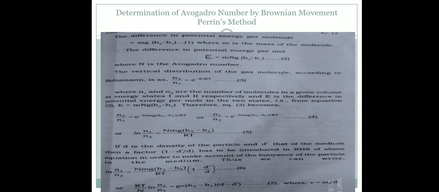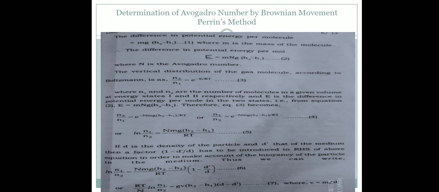If N1 and N2 are the number of molecules in a given volume at energy states 1 and 2, and capital E is the difference in potential energy per mole, then according to Boltzmann, the vertical distribution of gas molecules N2 by N1 is equal to e raised to minus E by RT, which is shown in equation 3. The capital E is the energy difference, the potential difference.